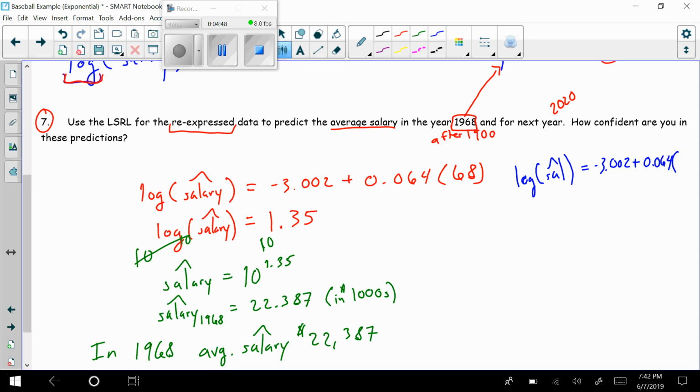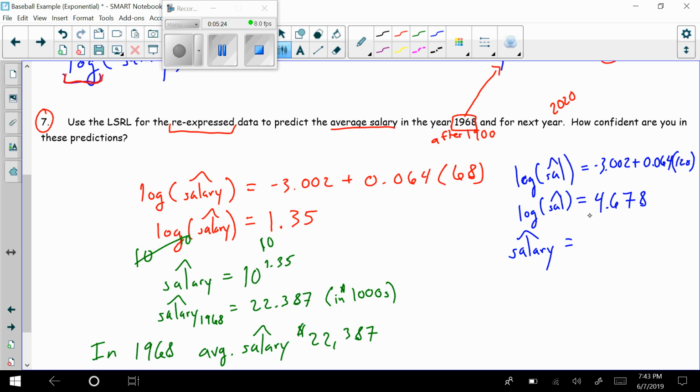Now, 2020 would be 120 years since 1900, which when I multiply that out, I get 4.678 here. Now we've only been using 3 decimals the whole time, so most likely if I was in science class, I would need to round that. We'll keep that there. It will throw us off slightly, but we won't make a huge fuss over it.